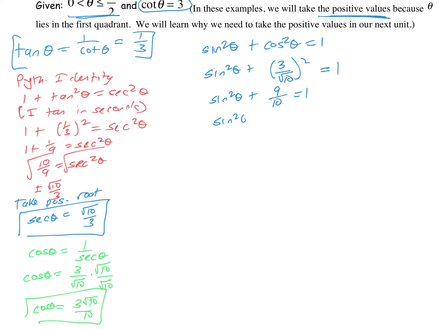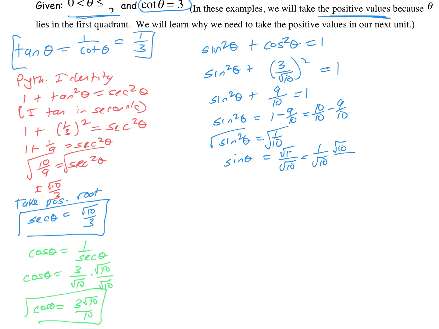Isolating sine squared theta, we'll subtract 9/10 from both sides. So 1 minus 9/10 is 10/10 minus 9/10. So sine squared theta is 1/10. And now we will take the square root of both sides, giving us that sine theta is rad 1 over rad 10, which is 1 over rad 10.